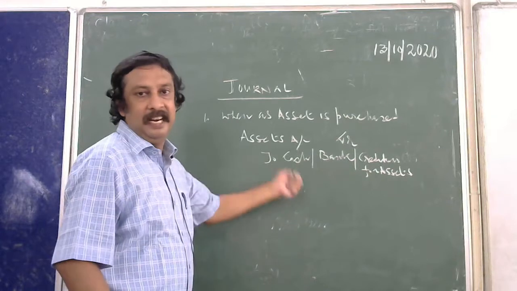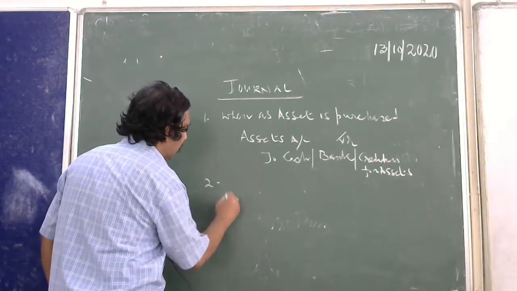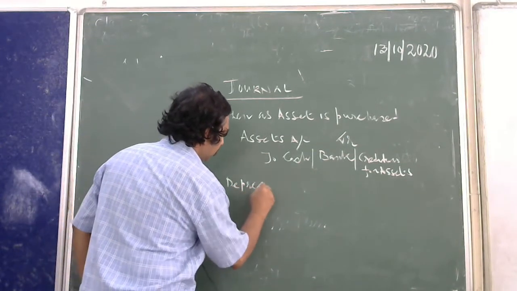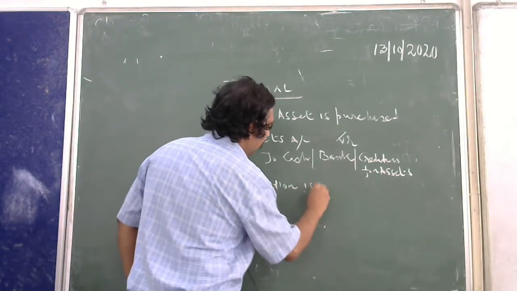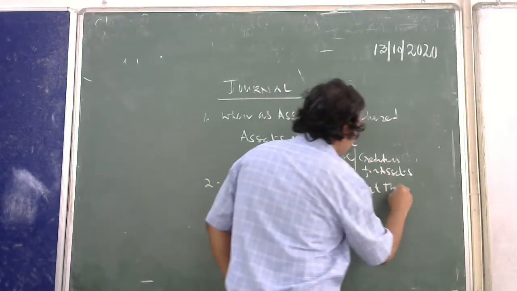Okay, so the first entry, when an asset is purchased: assets account debit to cash/bank and creditors. Second entry, when depreciation is charged at the end of the year.